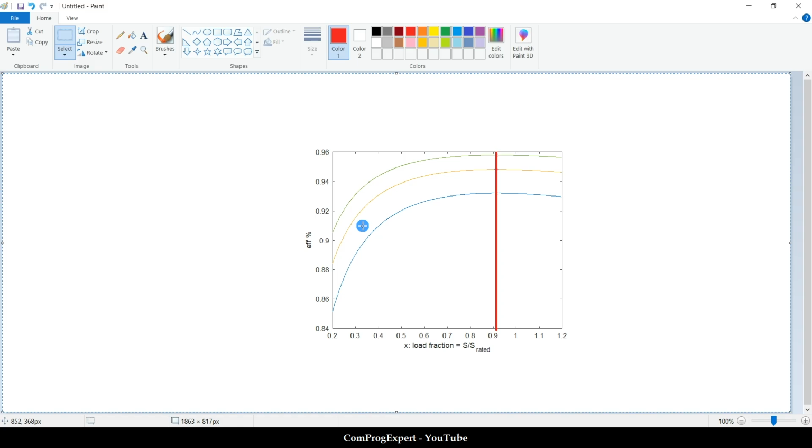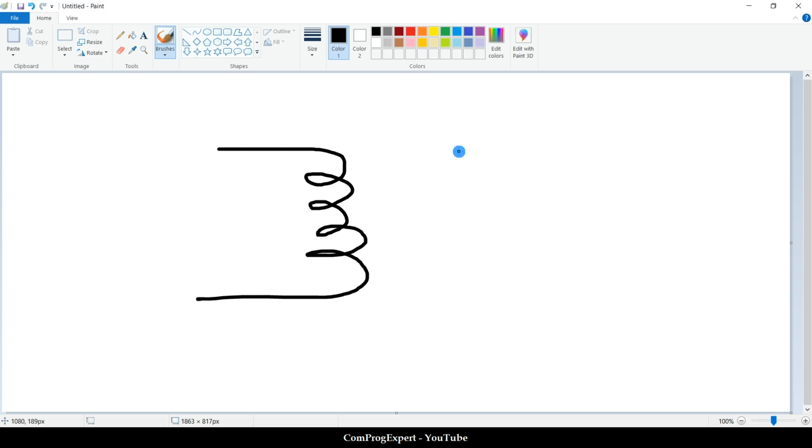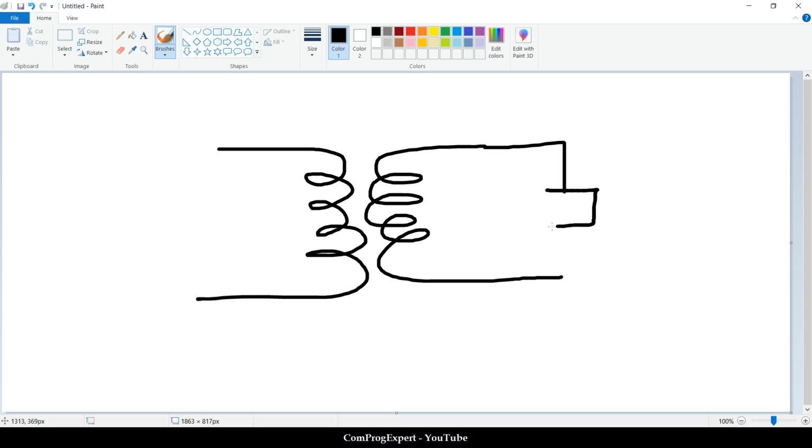If you have this single phase transformer here and this load ZL, the efficiency of the transformer depends on the power factor of the load. As long as we can increase the power factor of the load, we can also increase the efficiency of the transformer.